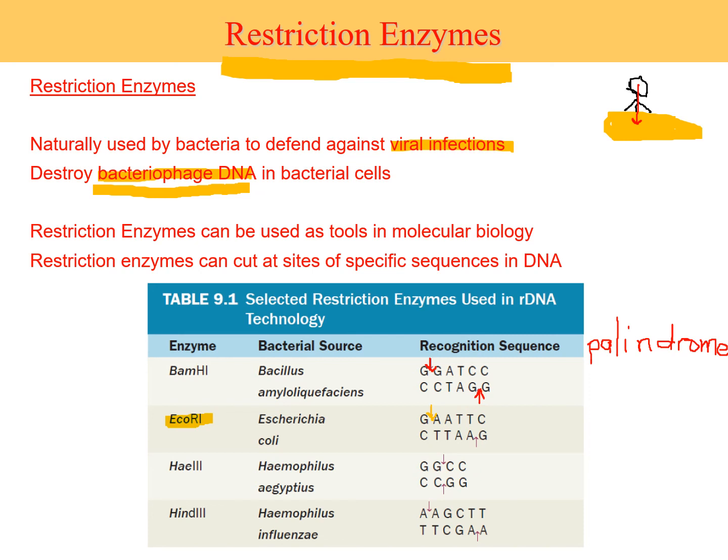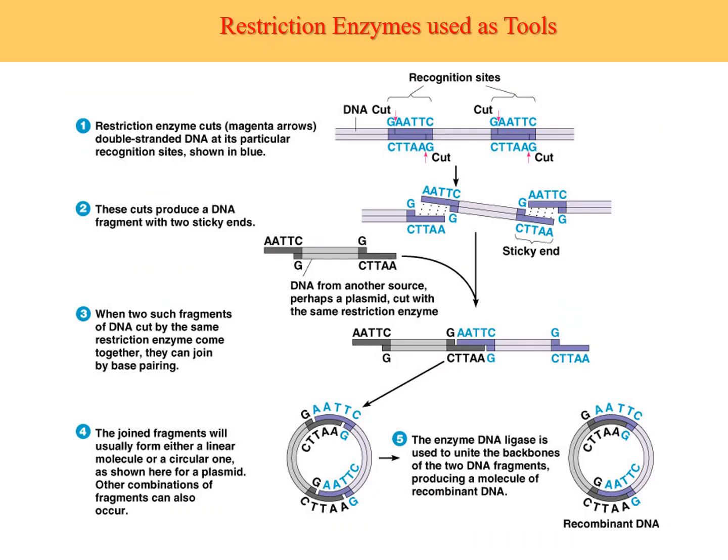So you get a cut right there and there. And so you get separation, opening up of the DNA that's treated with this particular restriction enzyme. End result is that you get opening up. The example here is using EcoR1 restriction enzyme.